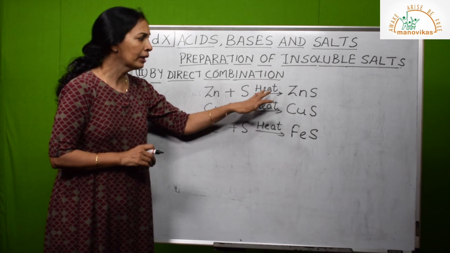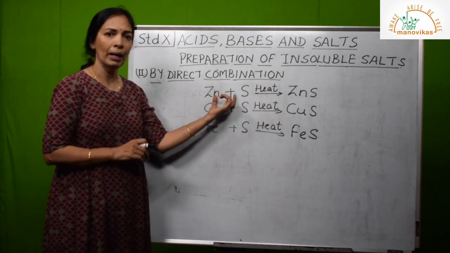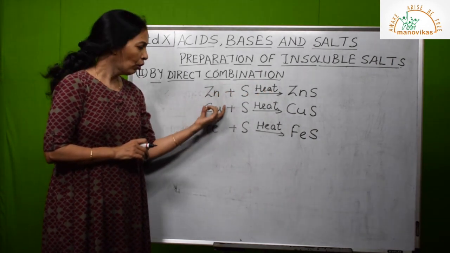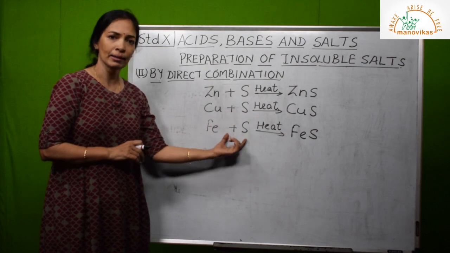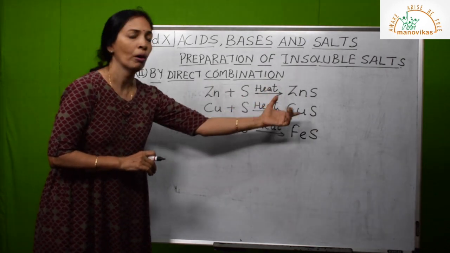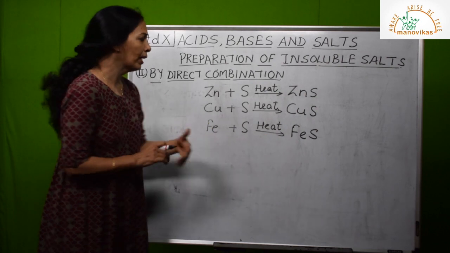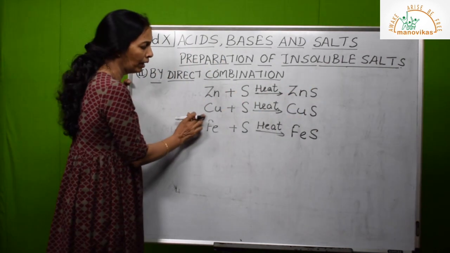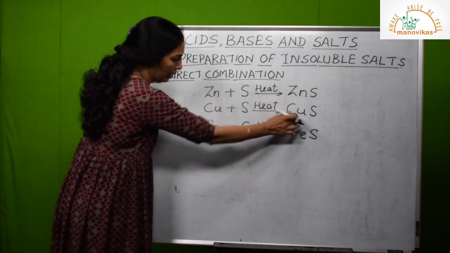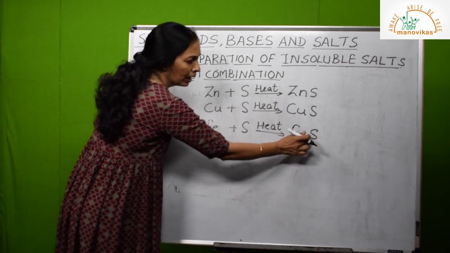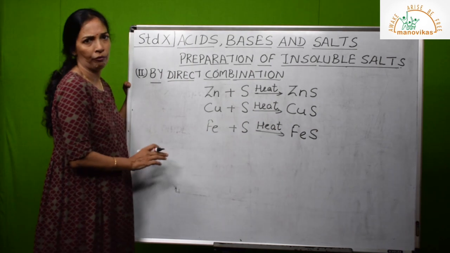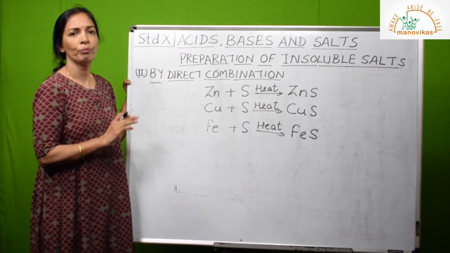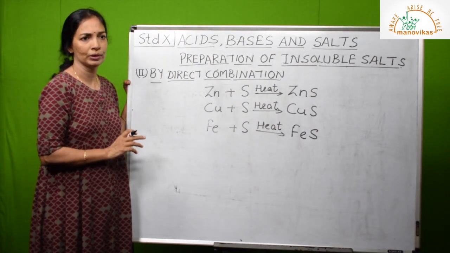After heating, these two elements combine, zinc and sulfur, copper and sulfur, iron and sulfur, and form their insoluble sulfide. So this is Zn plus S gives ZnS, zinc sulfide, Cu plus S gives CuS, Fe plus S gives FeS, which is iron(II) sulfide. So this is the second method of preparation of insoluble salt.